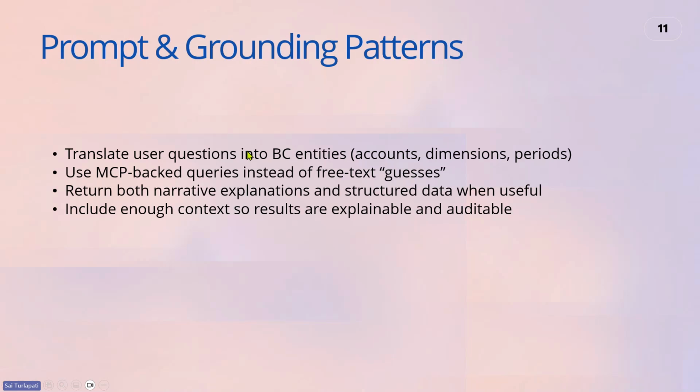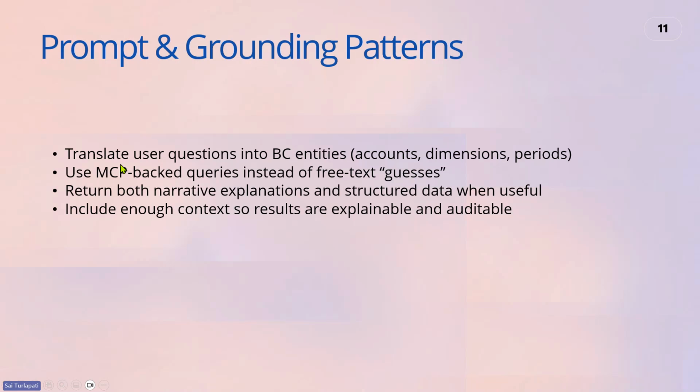In this next slide, this is a high-level pattern that we feel is very well used and has a very good ROI: translating the user questions into Business Central entities.